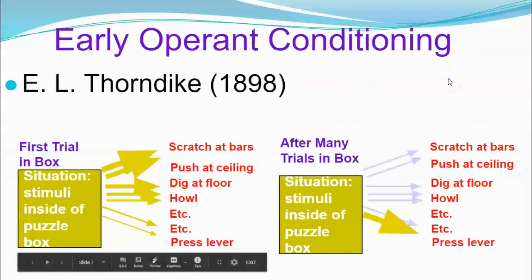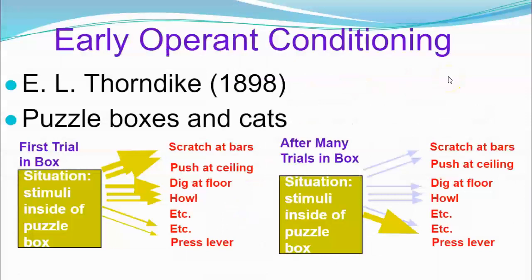Early operant conditioning. Okay, so what Thorndike did was he took this box, and we call it a puzzle box, and basically he put a cat in it, and it had all kinds of levers and all kinds of things, and the cat would have to try to figure out how to get out of the box. So it would push at the ceiling, dig at the floor, howl, and do all kinds of things until it would finally press the lever.